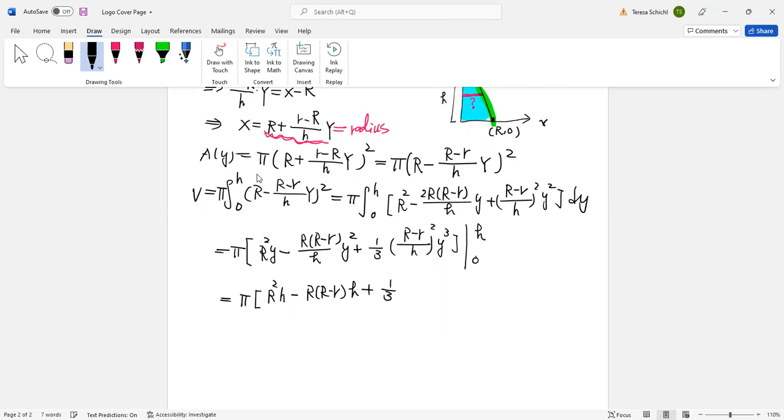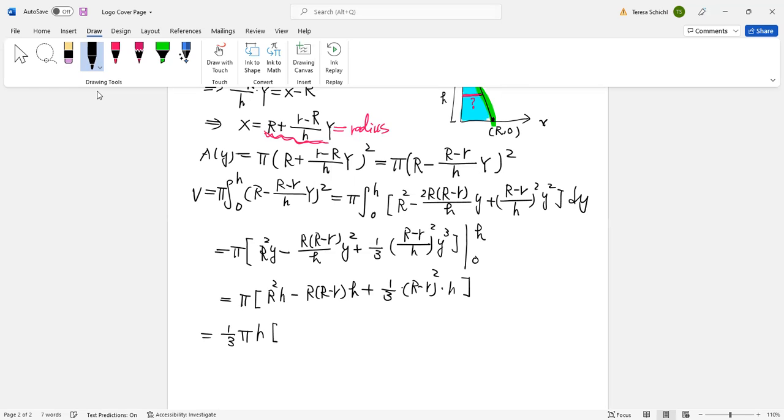Now this is h squared, y, so you substitute h, it is h cubed. So it will be capital R minus r, squared, then you still have h outside. Okay, so now you can factor the h out, and I can also take the 1/3 out.